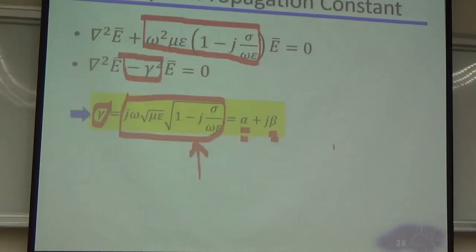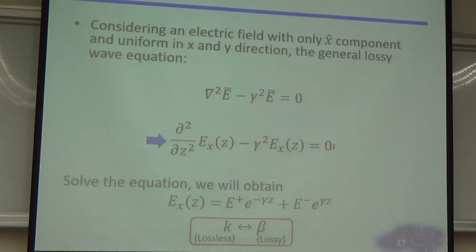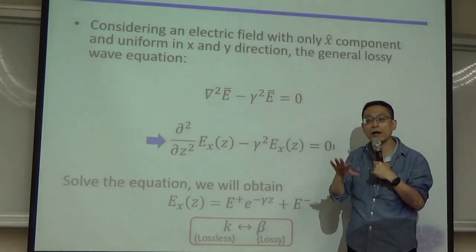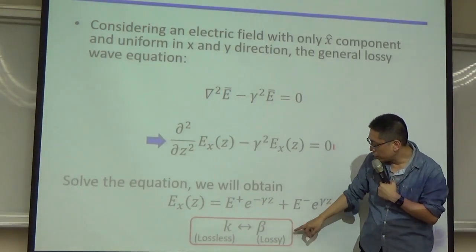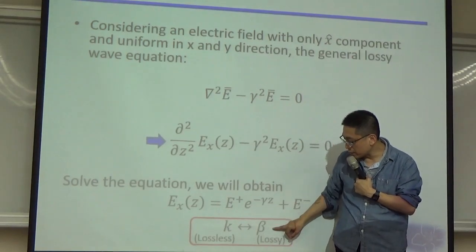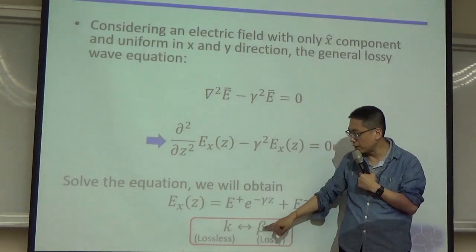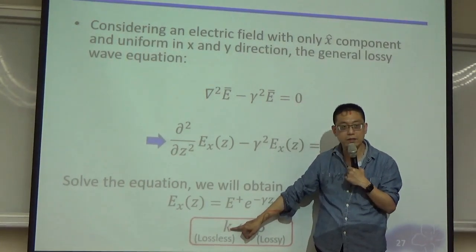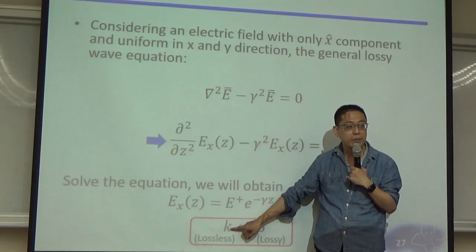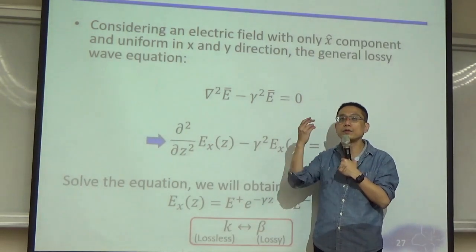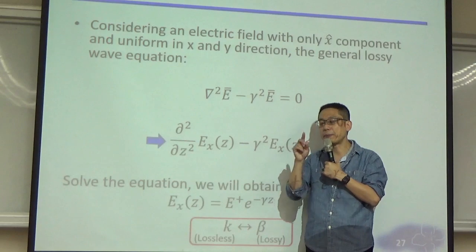And this page is telling you that for this time, k and beta, they are the same. If you talk about the lossy case, there is alpha and beta, and the lossless case is k. Lossless case is a special case of lossy case. Let me say again.